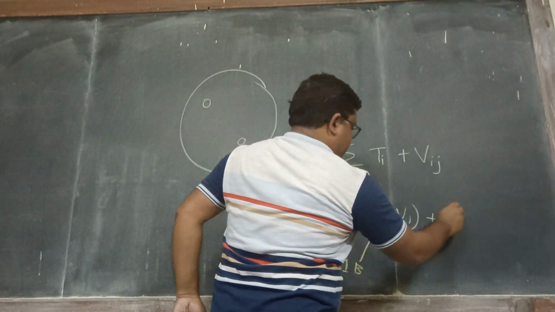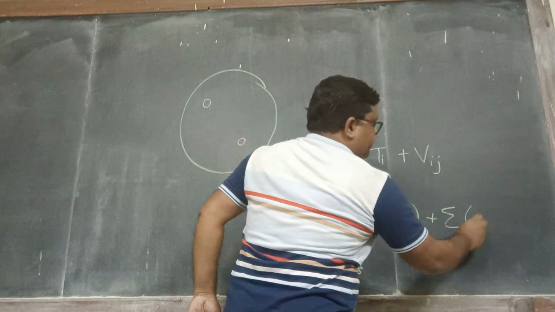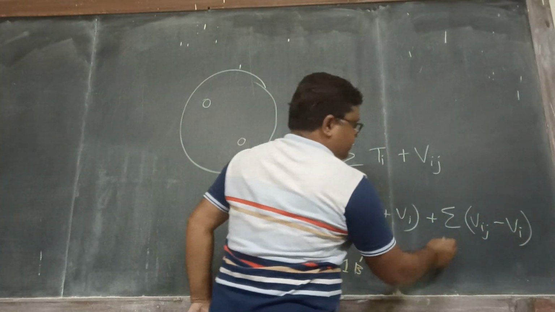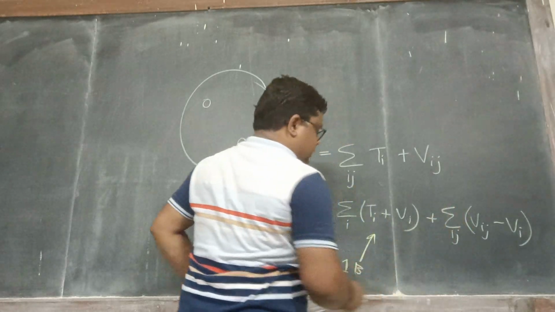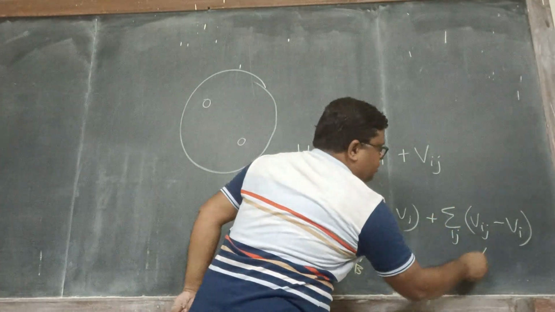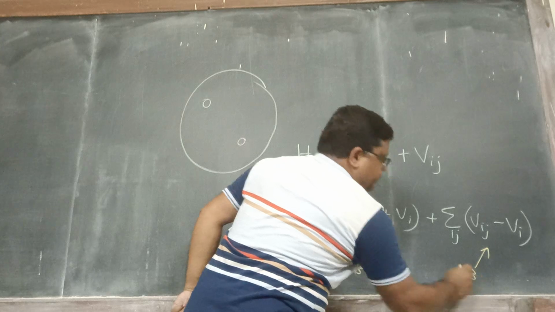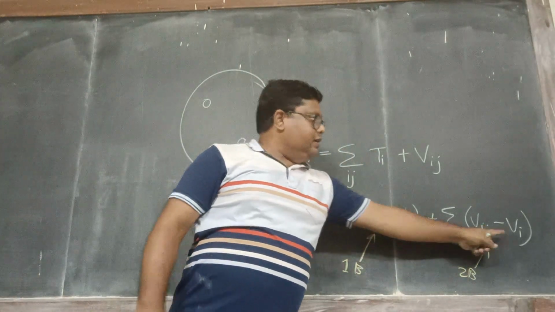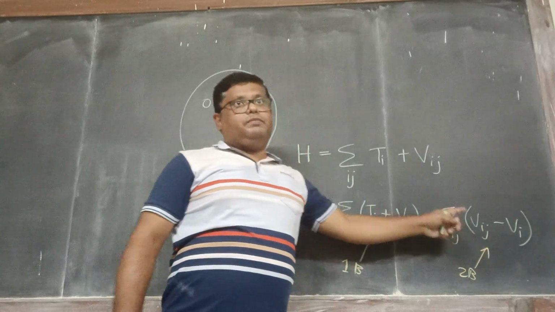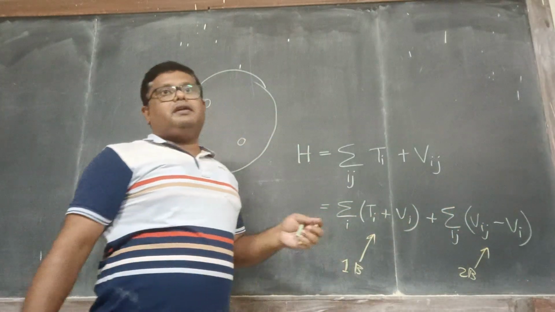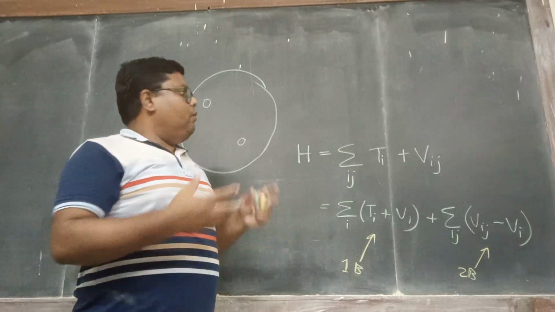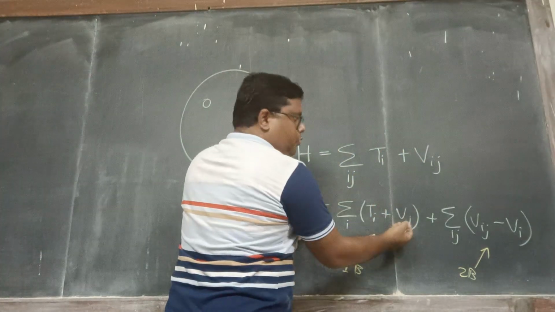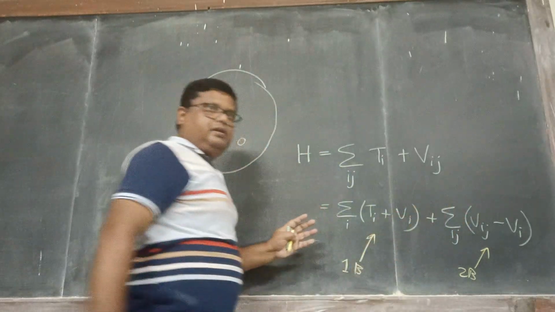Next I can write Wij minus Vi, where the index is ij. Now look, this is your two body term. Basically here we have a subtraction term and a two body term. This term is known as the residual interaction. Why? What I have done is that I have incorporated a one body potential and again subtracted it.